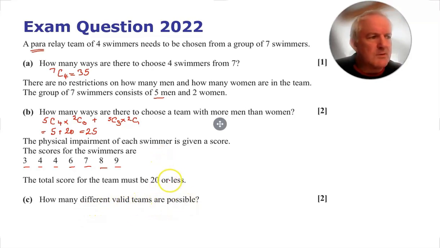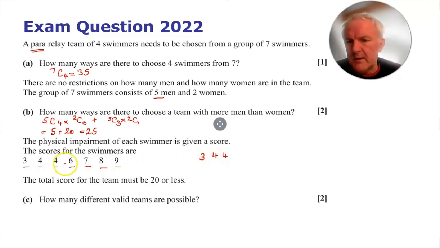Well, I suppose this comes down to, can we list the combinations, arrangements, selections, whatever you want to call it. But basically, for this team, for instance, 3, 4, 4, I need to be under 20. 3, 4, and 4 is 8, is 11. So I could have theoretically any of these other people.